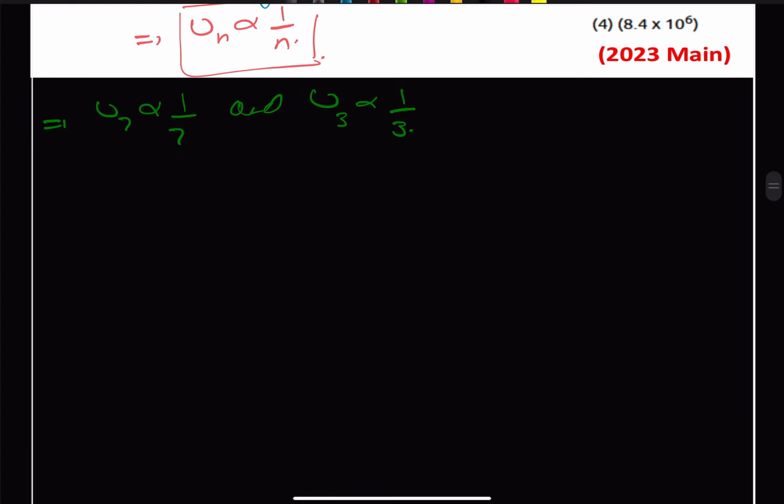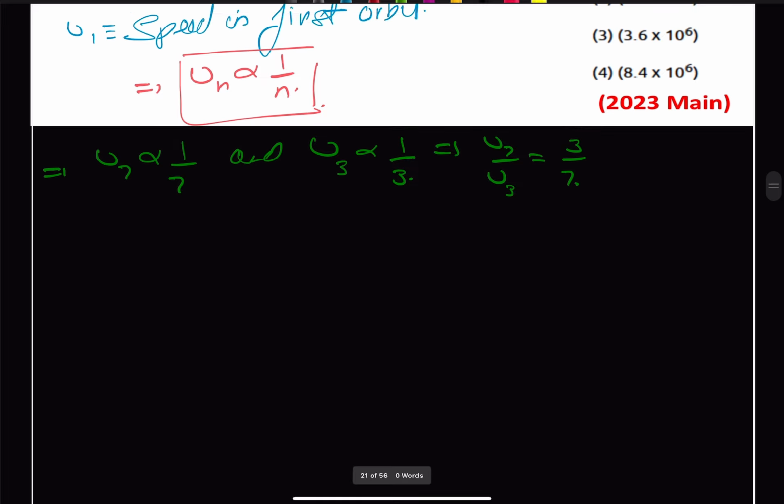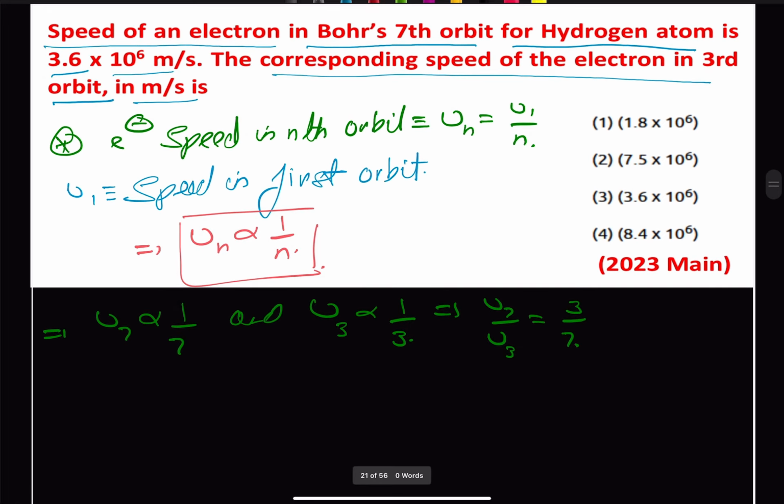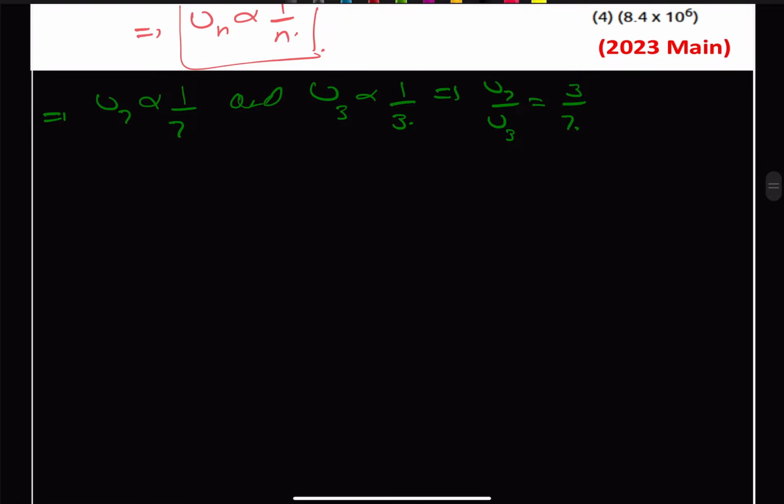So let us take this ratio. From here we get V7 upon V3 will be equal to 3 upon 7. And V7 is given to us, we need to find V3. Therefore V3 will be equal to V7 multiplied by 7 by 3.